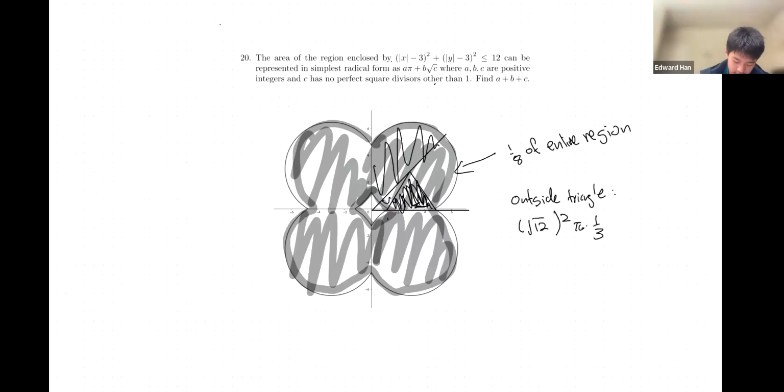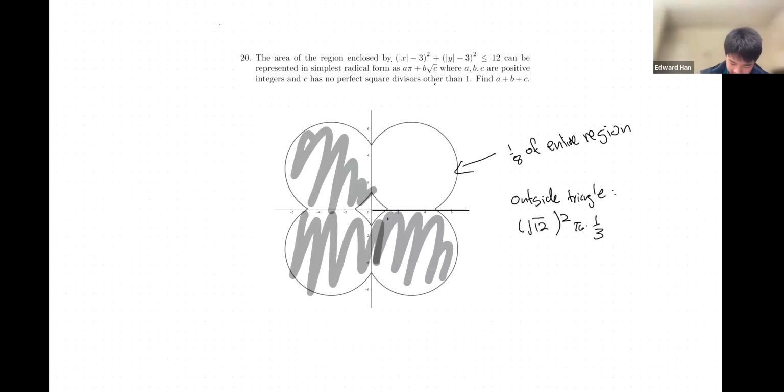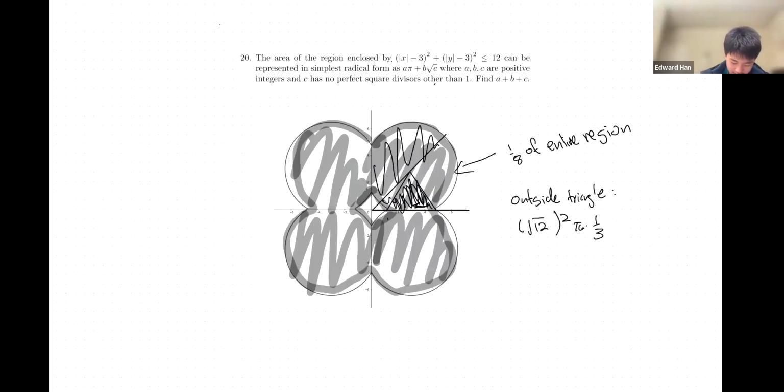In order to see that that takes up 1/6 of the circle, let's try to calculate some of the values of the lines. If we drop an altitude from here, we find that this part here is root 12, and this height is 3.